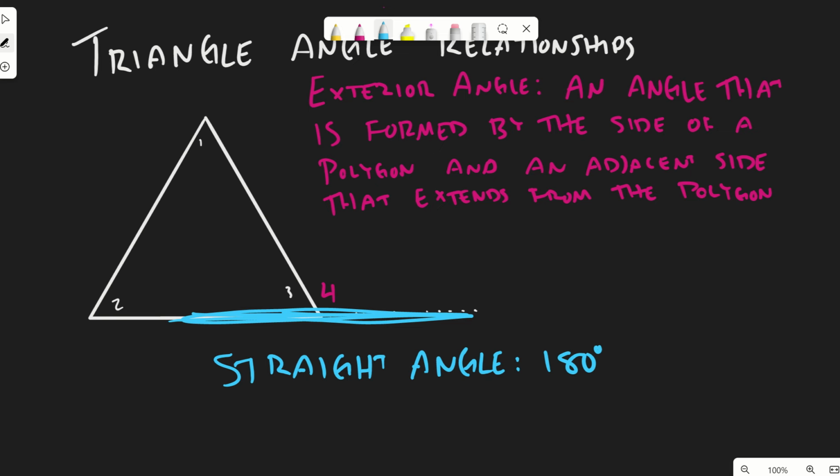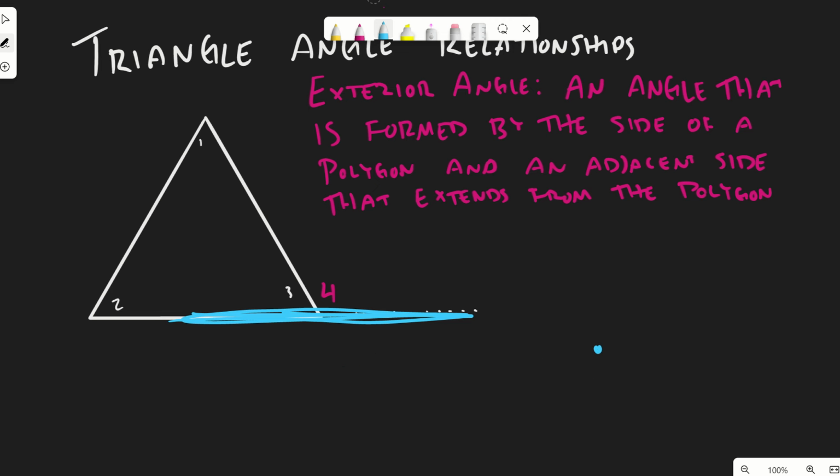So this line is going to equal 180 degrees, and in knowing that, we know that angle 3 plus angle 4 will equal 180 degrees, because it's a straight line.